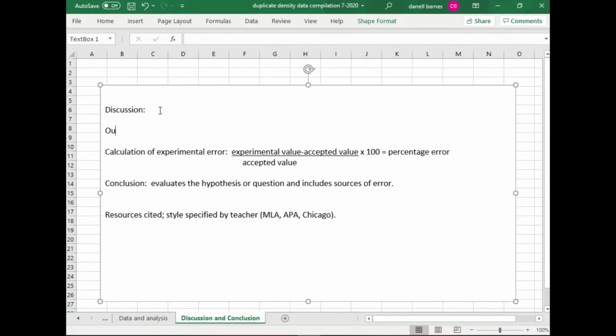Our experimental average density for the blocks of wood measured was 0.5 grams per cc. Water has a mass of 1 gram per cc.